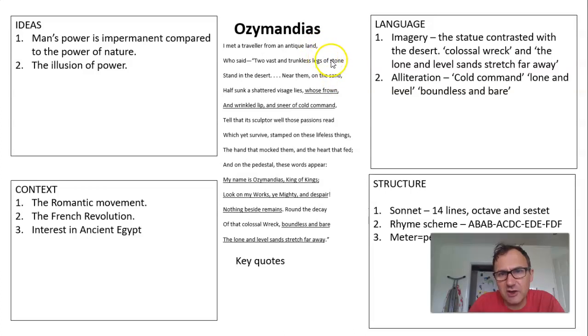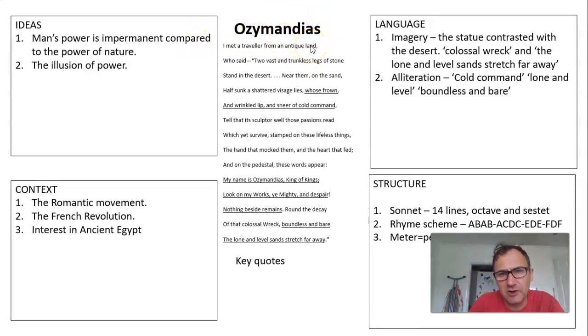Then on the second line, we have a word that doesn't rhyme with land, stone, but it does rhyme with frown. Now, I know what you're thinking, no, it doesn't. But the way it was pronounced in Shelley's age was different, and they would have rhymed. So you've got 2 pairs of rhymes here.